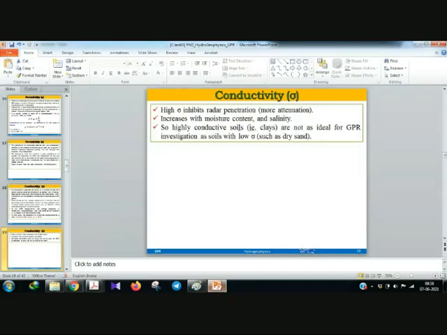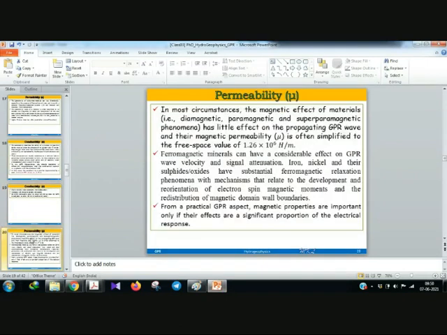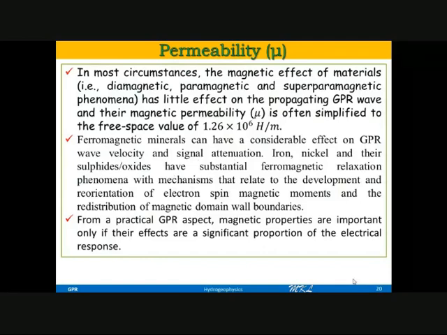So highly conductive soils are not ideal for GPR investigation, as opposed to soils with a low sigma, such as dry sand. I've already discussed that. Now let's talk about the permeability. Generally, we don't care about the permeability. In most cases, we consider mu equals mu zero. Permeability gives the magnetic properties, and it has little effect on the propagating GPR wave.